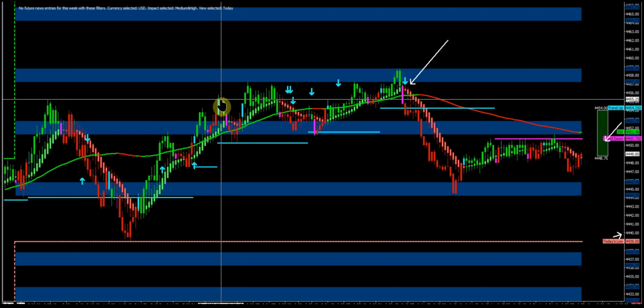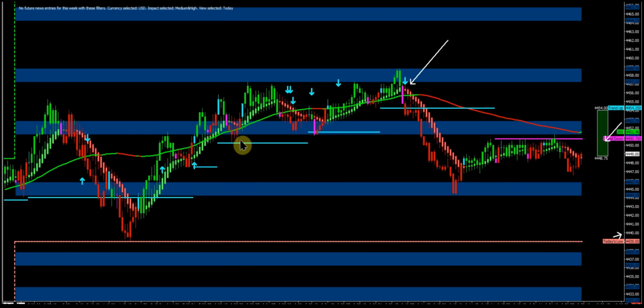Again, there was your fill on that one. Here's your fill on that one. There's your fill on that one. So you've made basically 250 down, 250 up, 250 up, 250 up. You just made $1,000. And that's pre-market.